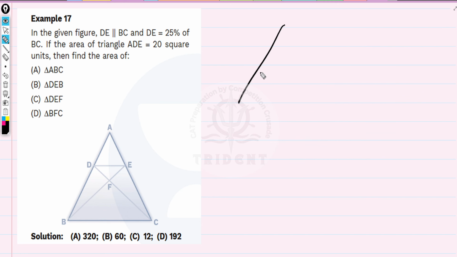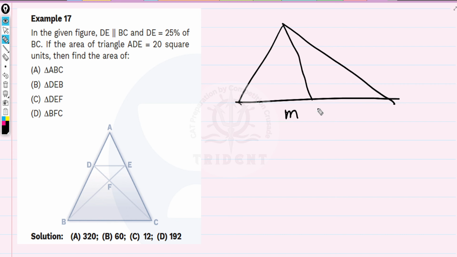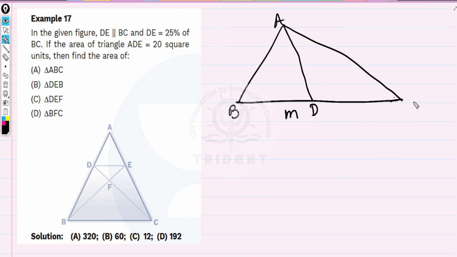Also, one more thing: if you have a triangle like this and there is a cevian from the vertex A to D on the base of triangle ABC, such that it creates intercepts in the ratio m is to n, then the areas will also be in the ratio m is to n, not m square to n square.